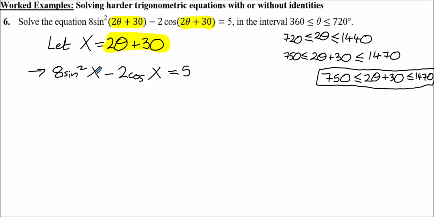But again, sine squared X and cos X still looks quite ugly, so we can go one step further and make other substitutions just to, if nothing else, make writing the equation easier. So next what I'd suggest we do is we let sine big X be denoted by little s and cos big X be denoted by c.